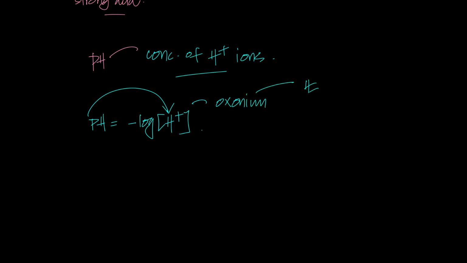These are H3O+ ions. A proton alone does not exist; it exists for a split second. This H+ ion is pretty reactive. It is directly taken in by water, and H3O+ forms, which is called the hydronium ion, and you could also call it the oxonium ion. So pH is a measure of the concentration of oxonium ions or hydrogen ions.